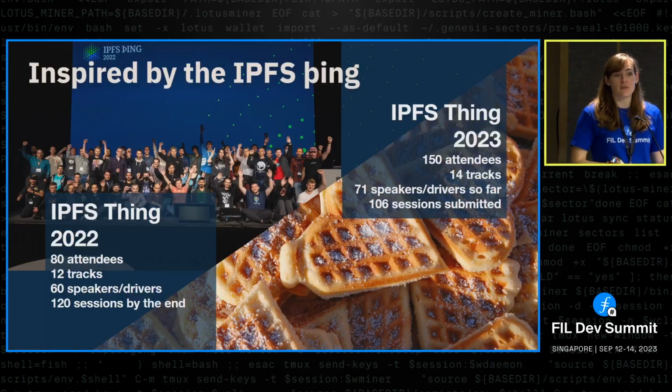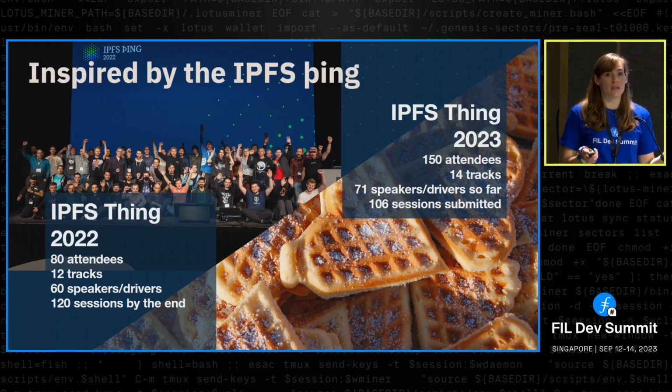This is inspired by 2 events that have been held in the IPFS ecosystem over the past 2 years, the IPFS Thing 2022 and 2023. These were great communities that brought together IPFS implementation developers, protocol improvers, had speakers from across many different IPFS implementations, and really helped accelerate and grow the number of new IPFS implementations out there, and kind of brought together that core developer community so that they could build more connections across many different teams, help onboard folks in the libp2p community, folks in the FVM community to be improving and creating things like IPVM.